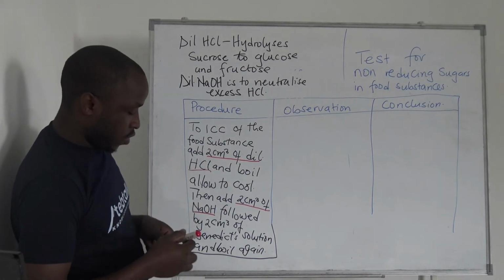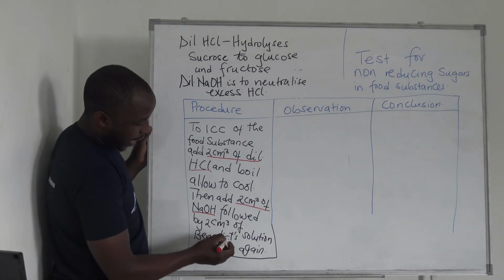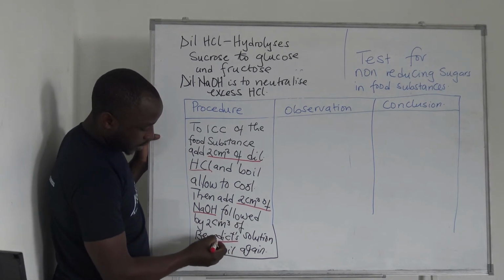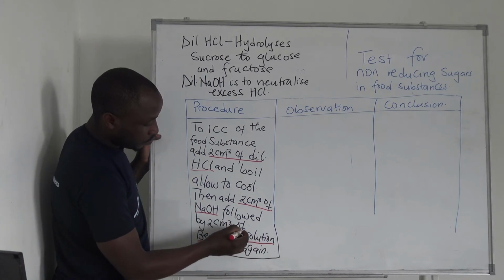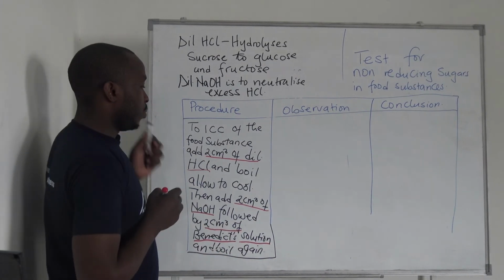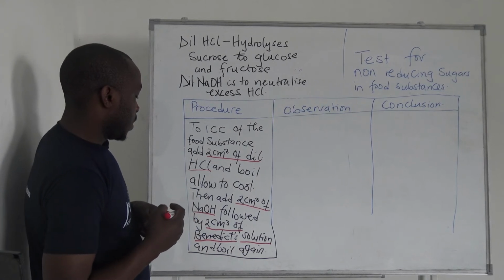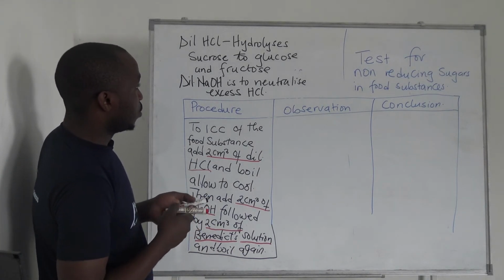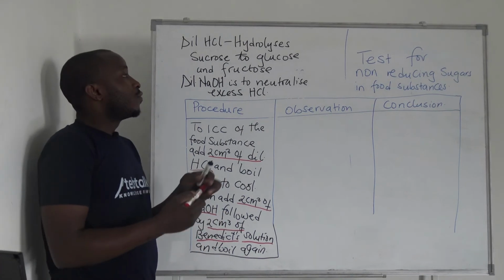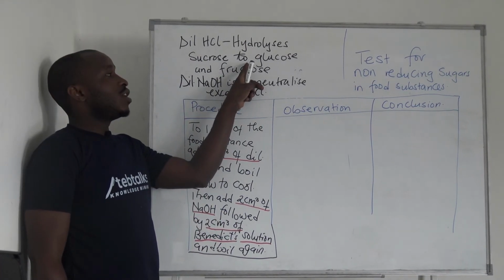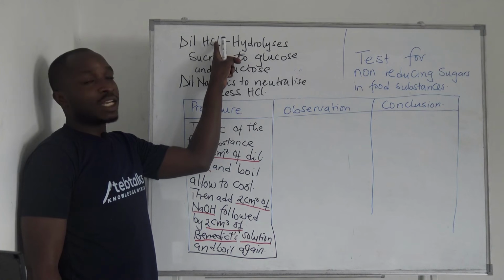Then we go ahead and add Benedict's solution to the mixture. Now the Benedict's solution added is testing for the reducing sugars now being formed by hydrochloric acid.